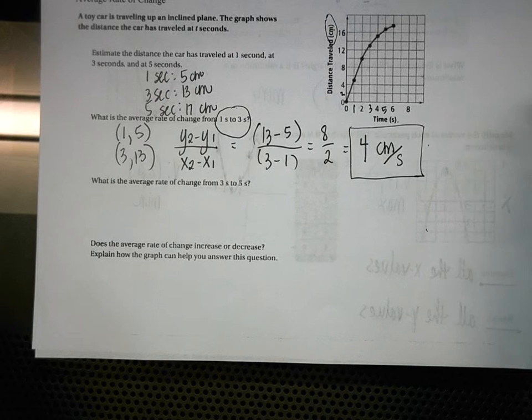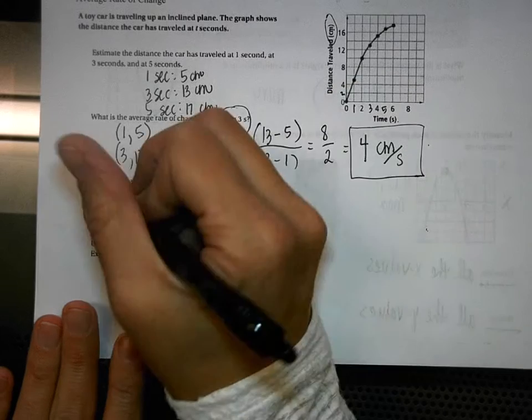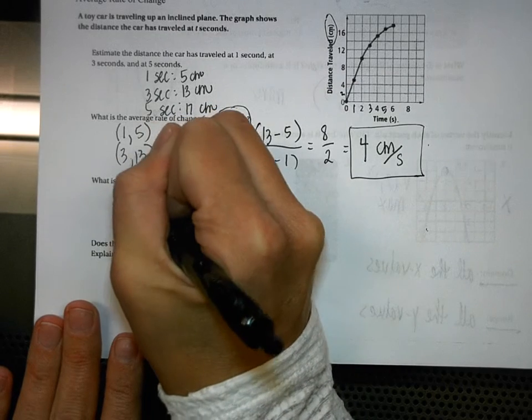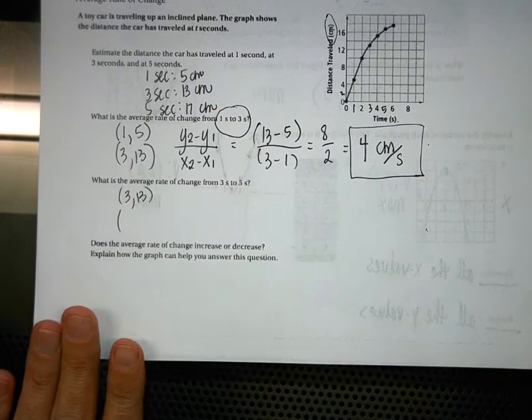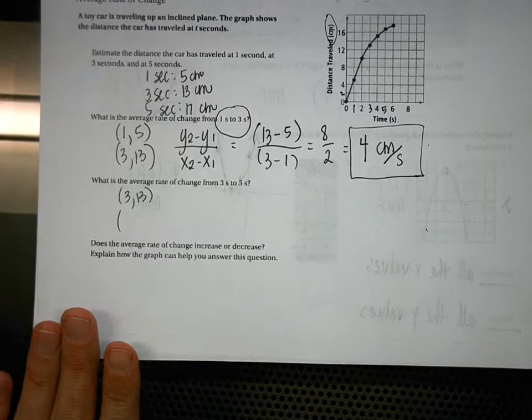Okay, so now it asks, what is the average rate of change from 3 seconds to 5 seconds? So what are we going to do for this one? Same thing, but we're going to take the numbers for 3 and also 5. So what's my ordered pair for 3 seconds? 3 and 13, and the other one is? Very good.